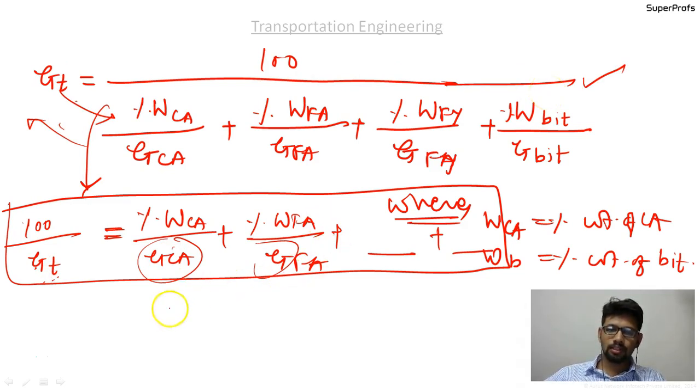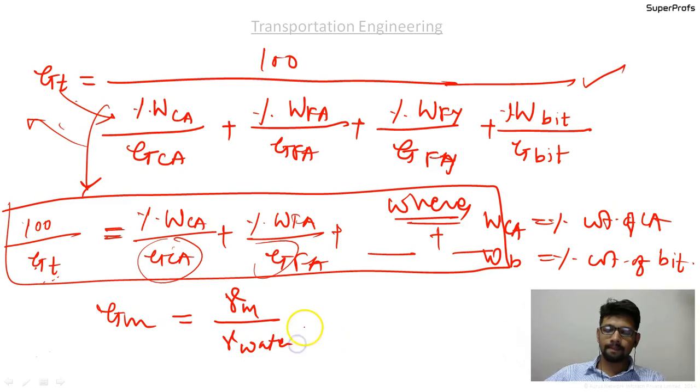So GM, the measured specific gravity, will be gamma m upon gamma water at 27 degrees Celsius. It is the standard temperature for almost all the tests in civil engineering.